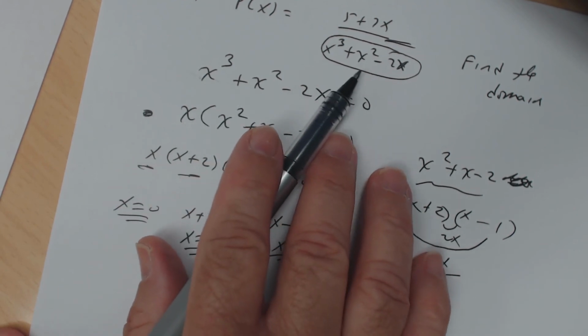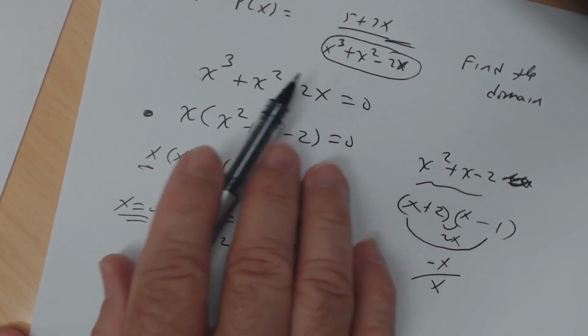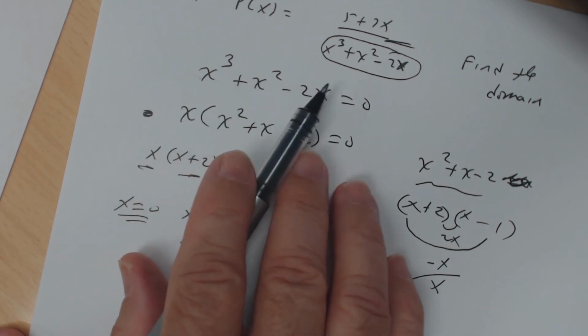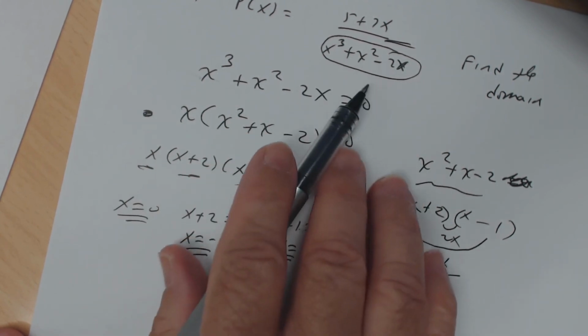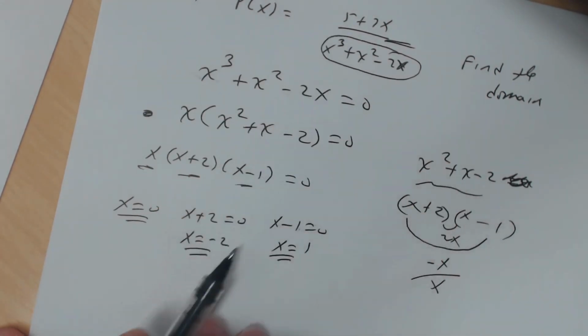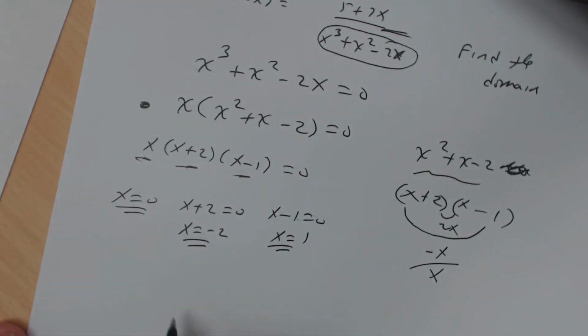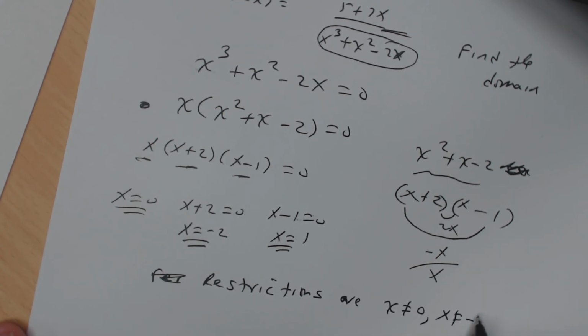I wanted to find out what makes this 0. Once I find the values of x that make this denominator 0, this becomes undefined, which means these are my restrictions. So my restrictions are that x cannot equal 0, x cannot equal negative 2, and x cannot equal 1.